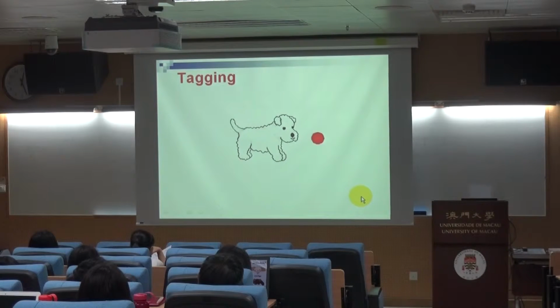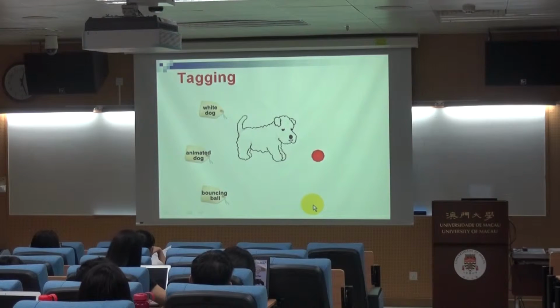Let's take an example of how we might tag this animated photo here. We could say it is a white dog. We could say it is an animated dog. We could say a bouncing ball is representative of this.